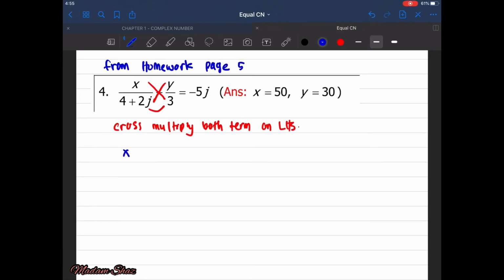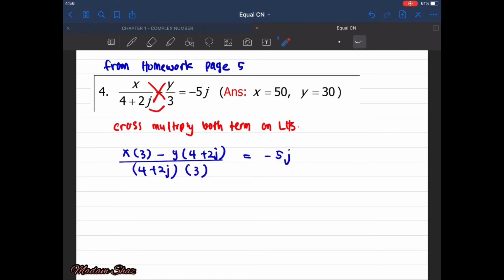So x multiplied by 3 minus y multiplied by 4 plus 2j, divided by 4 plus 2j multiplied by 3, equal to negative 5j.